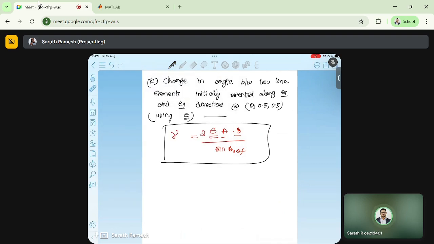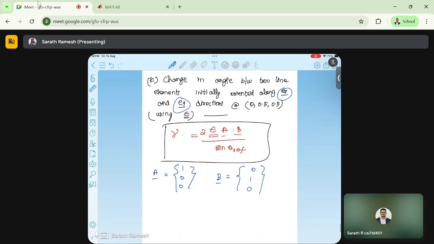Now, what is A, what is B in this question? A is 1, 0, 0, B is 0, 1, 0, because A is EX and B is EY.